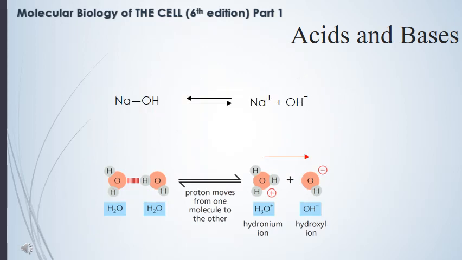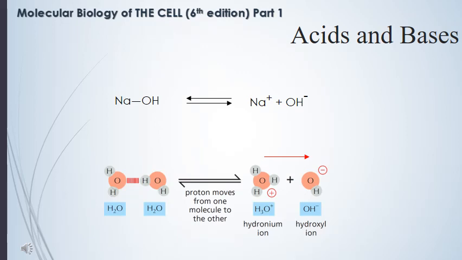The bases now function almost exactly the same, but in the opposite way to acids. For example, sodium hydroxide, NaOH, is a well-known base. When combined with water, it produces sodium ions and hydroxyl ions. Again, the pH is the equilibrium between hydronium and hydroxyl ions.